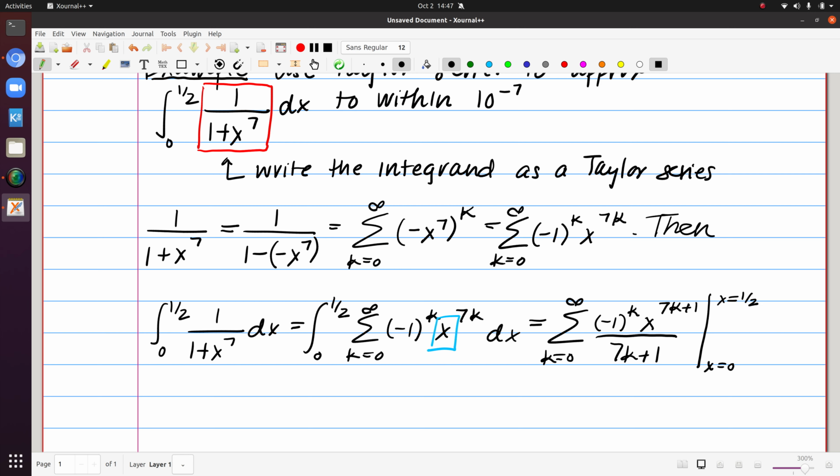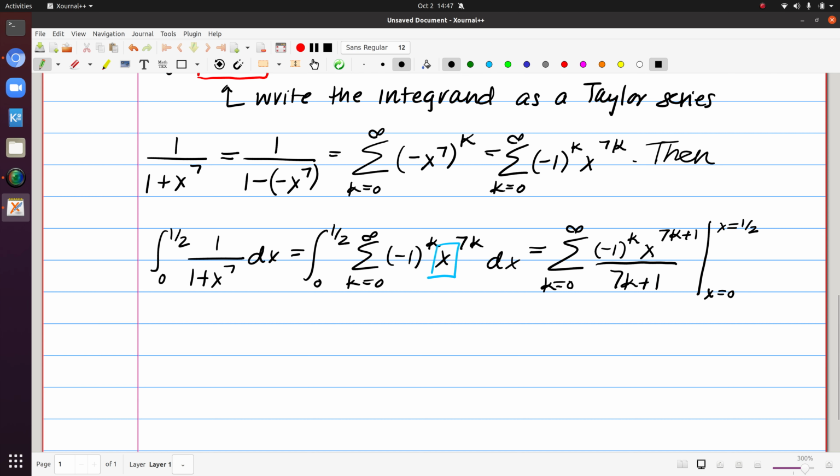Now, just like we've seen with FTC in the past, when I want to evaluate my integral, I need to plug in the top bound and subtract what I get when I plug in the bottom bound. But notice the significance here of that lower limit. If I plug in x equals 0, that effectively is going to be the sum of 0. So that lower limit would actually give me 0.